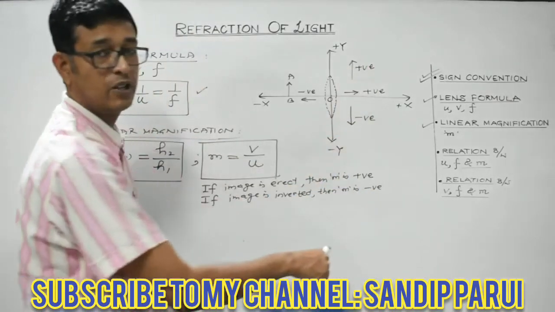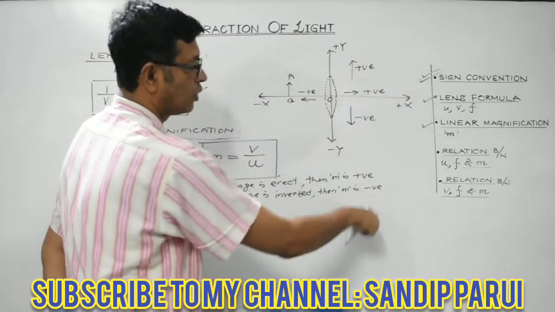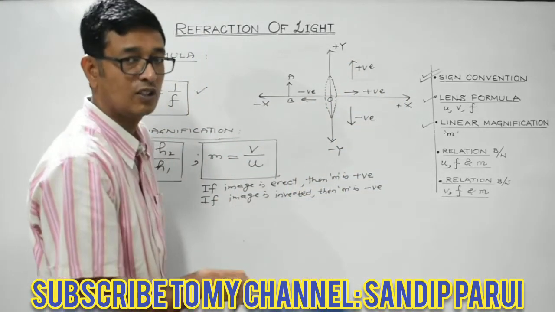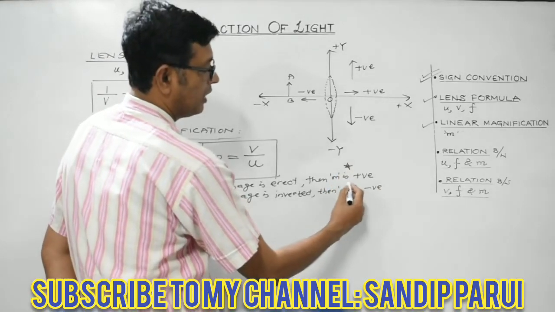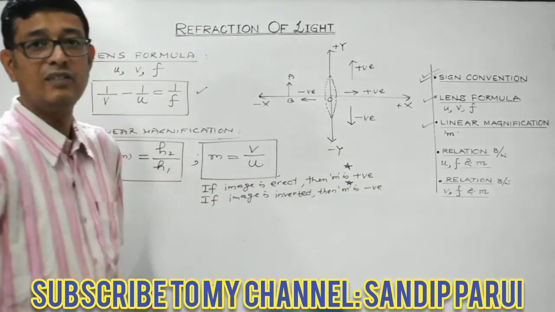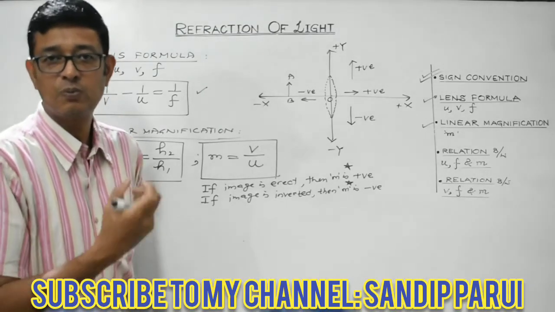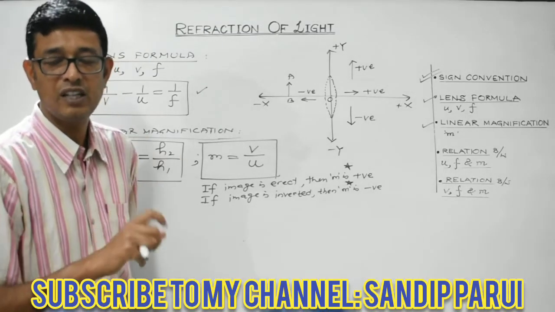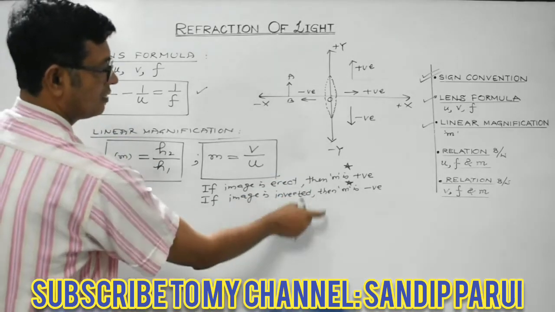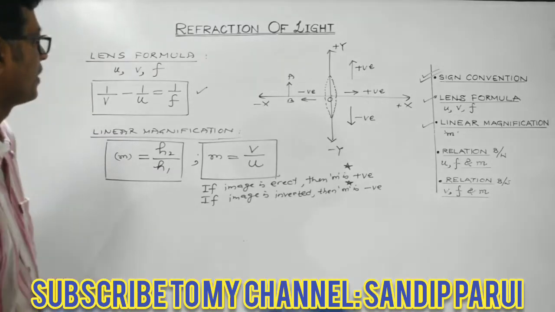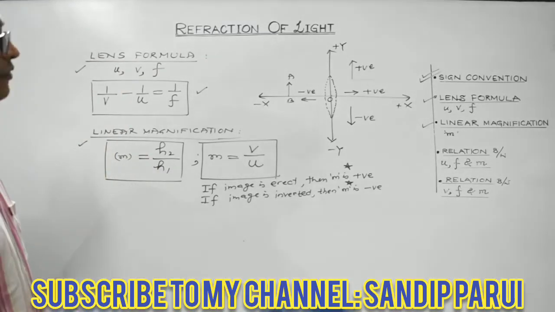So inverted image means the distance will be measured perpendicular to the principal axis and in the downward direction towards the negative axis. So it has to be assigned negative sign. So while dealing with numericals, you have to make use of the sign convention for linear magnification as well. M is positive for erect image, M is negative for inverted image, right? So please remember these 2 points. So this is about lens formula and this is about linear magnification.